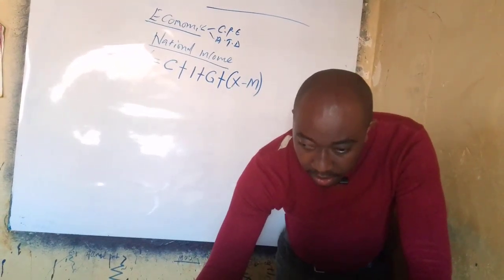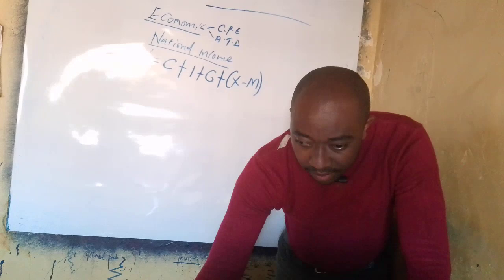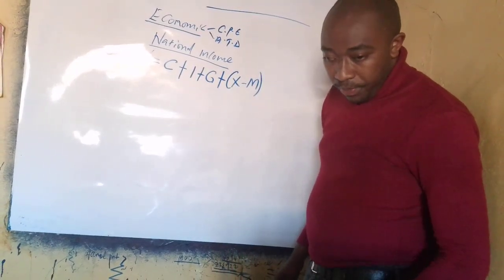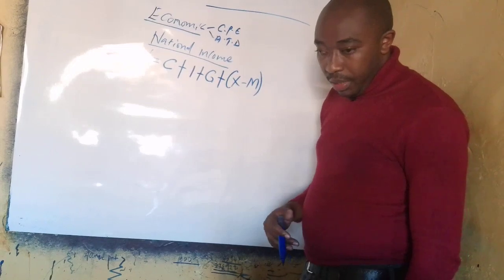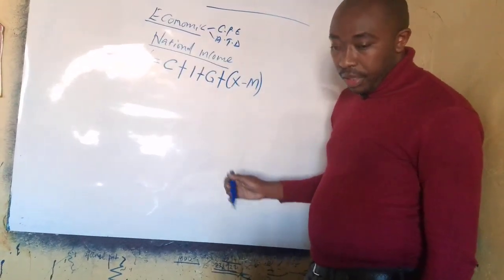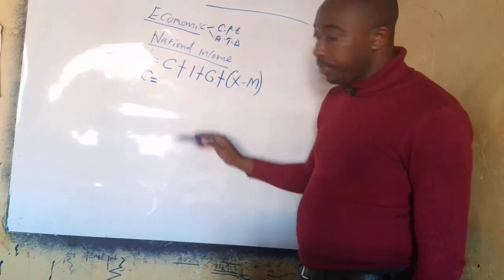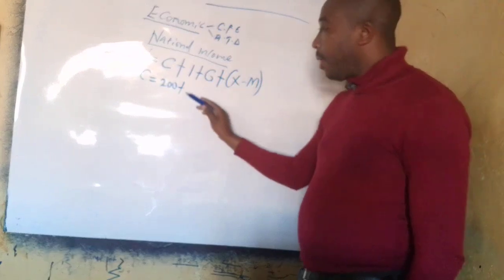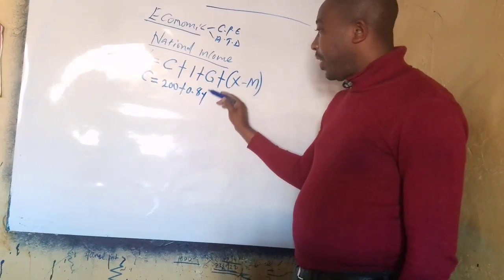CPA August 2022, question number 6. And the question reads, the data provided below represents the national income model for a certain economy in billions of shillings. We are being given this equation. Then we are being told consumption is equal to 200 plus 0.8 YD.